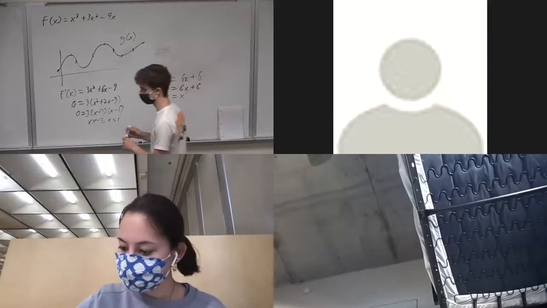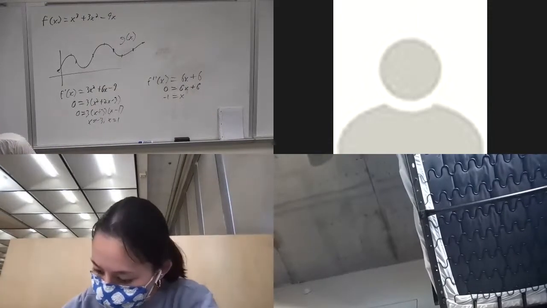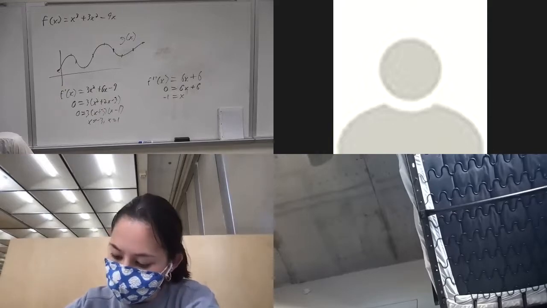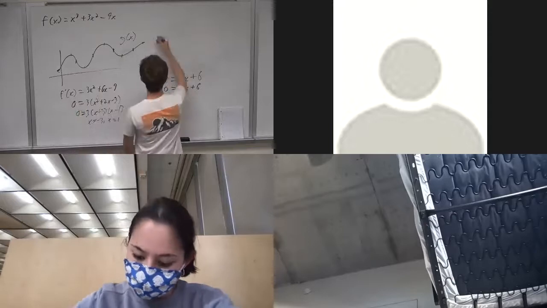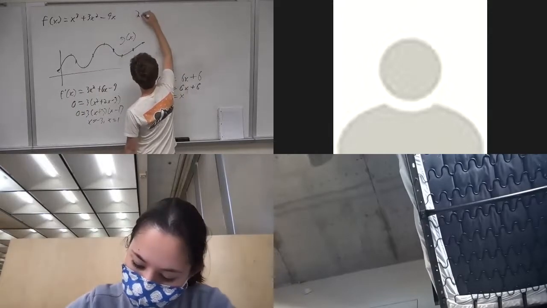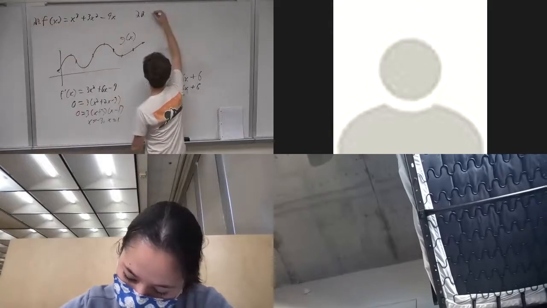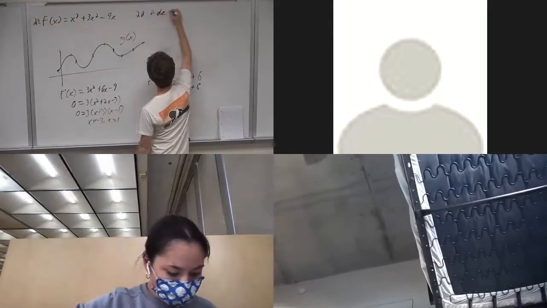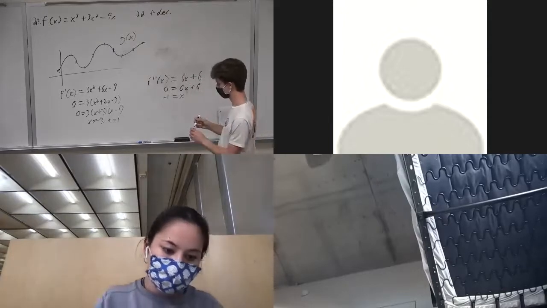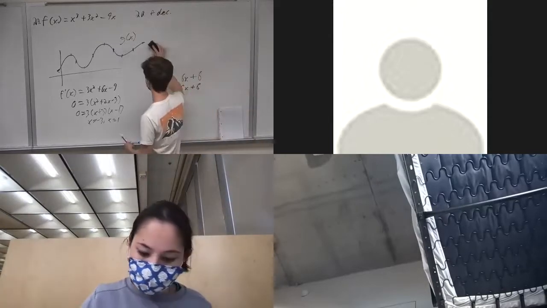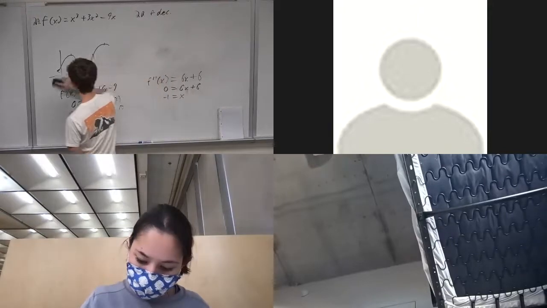So what does 2b state? I think it's like find where it's decreasing, right? So it wants us to find where f is decreasing. I'm gonna erase this because it might be misleading.